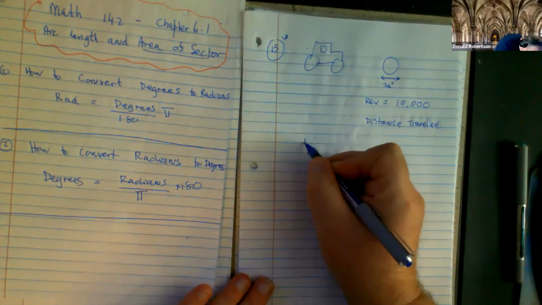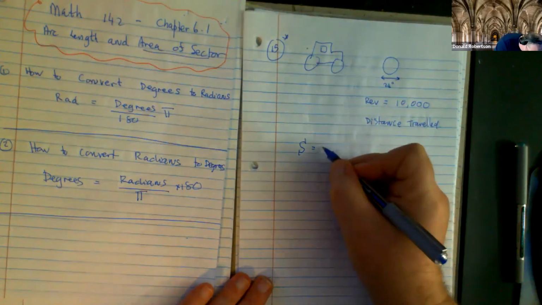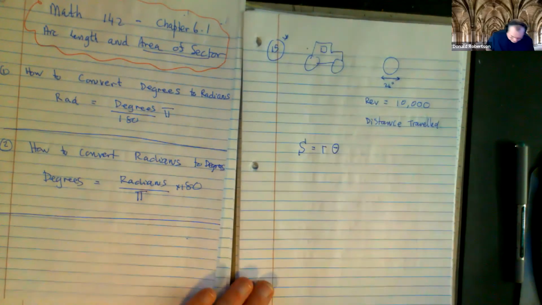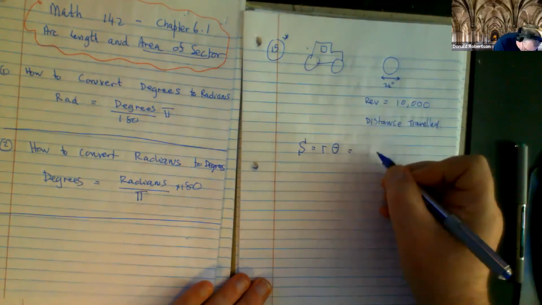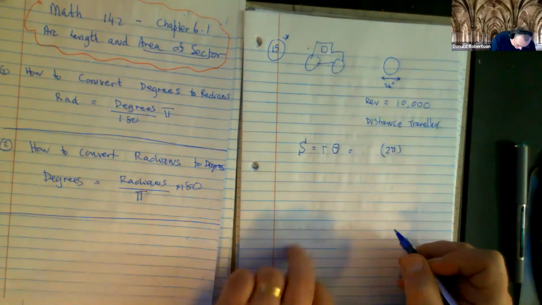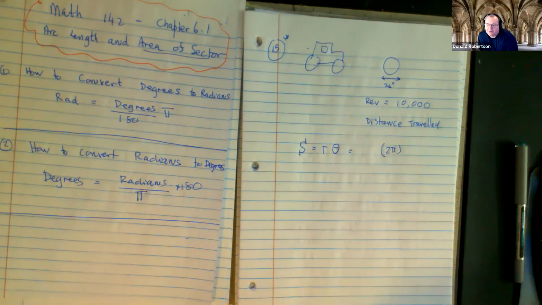Now, I know the arc length for one revolution, and it is r times theta, right? Now, for one revolution of a circle, theta is 2 pi. And the radius, the first part of the puzzle to catch me out.